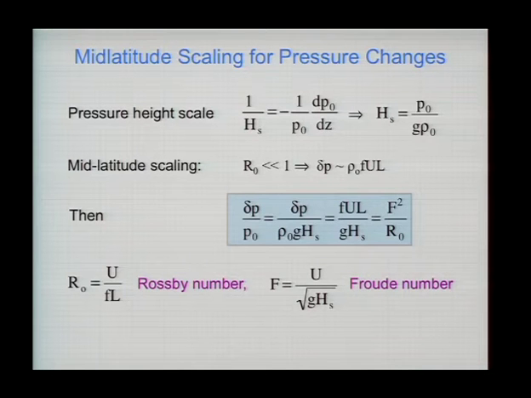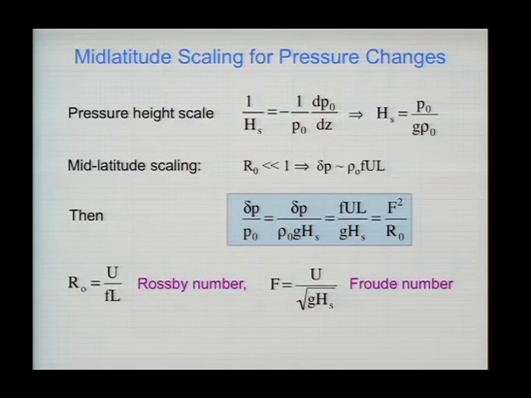Let's first of all define something called the pressure scale height. P is the pressure. I put a subscript 0 on it just to mean it's the basic state, averaged over time, some sort of representative reference value of the pressure. So I differentiate with respect to z, and I divide through by 1 over P. That's called the scale height.